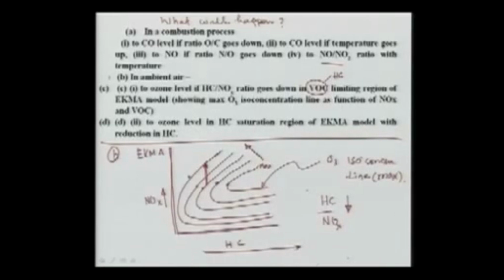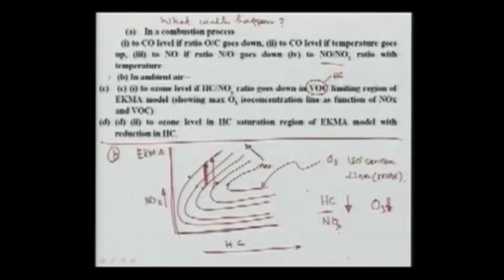Let's consider that also. At least we understand that if we are decreasing this ratio, my ozone level is also decreasing. I repeat, for this ratio to go down, my NOx must increase, and I'm going from down to up and my ozone level is going down, so I put the down arrow here.